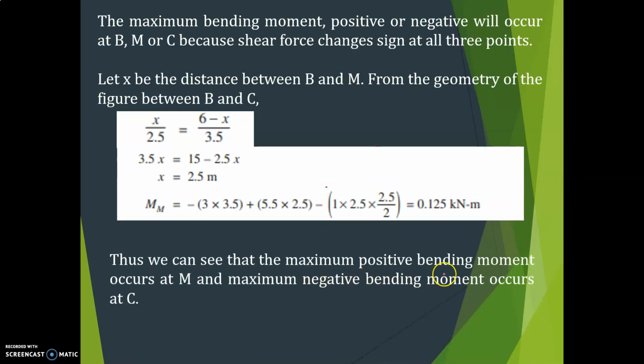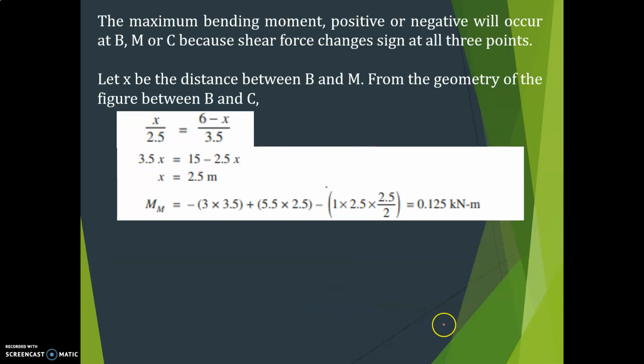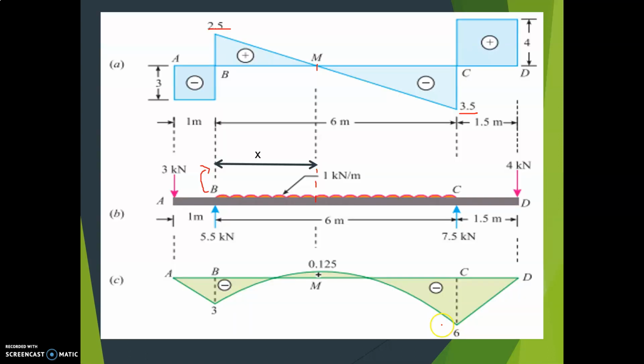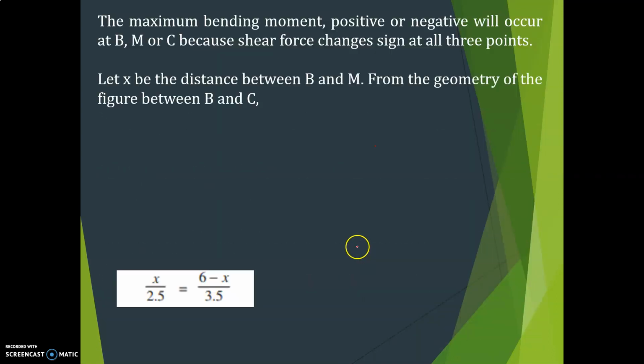So we can say that the maximum positive moment occurs at M and the maximum negative bending moment occurs at C. The negative bending moment at C is 6, and at B it is 3. So the maximum negative bending moment is 6 and the maximum positive bending moment is 0.125.